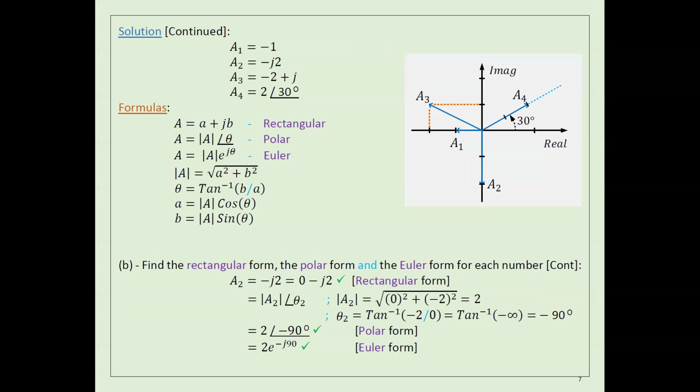This is the inverse tan of negative infinity. This is one of the special things you should know somehow. I don't know about the calculator. You can check your calculator, how can you calculate the inverse tan of negative infinity? Maybe some calculators have negative infinity, or maybe this is one of the special cases you just need to learn. So this one should be negative 90. So the angle here should be 2 at negative 90.